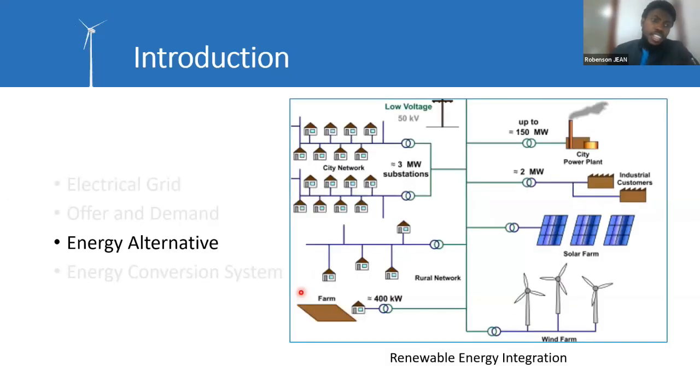As an energy alternative, we can think about renewable energy sources. For instance, we can mention wind energy and solar power plants, and other renewable energy sources like biomass, hydroelectric, biofuel cells, etc.